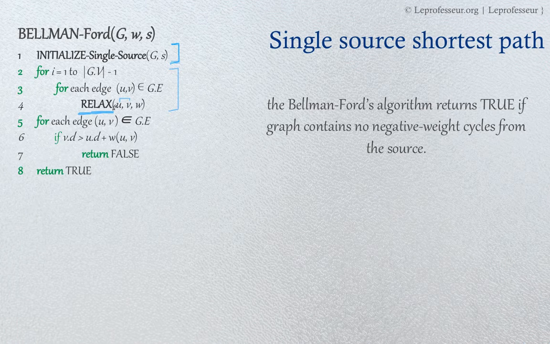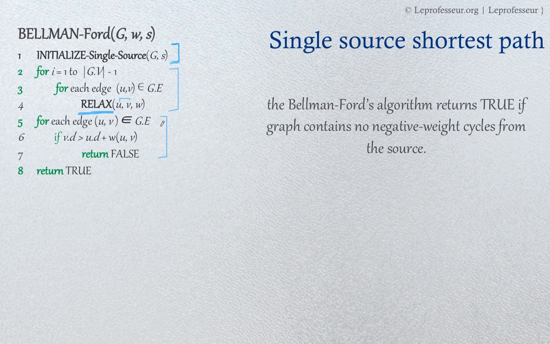So it's some sort of way of adjusting the minimum cost route. And lines 5 to 7 are simply checking whether there is any negative cycle or not, and if there is no such cycle, the algorithm will give you the shortest path.